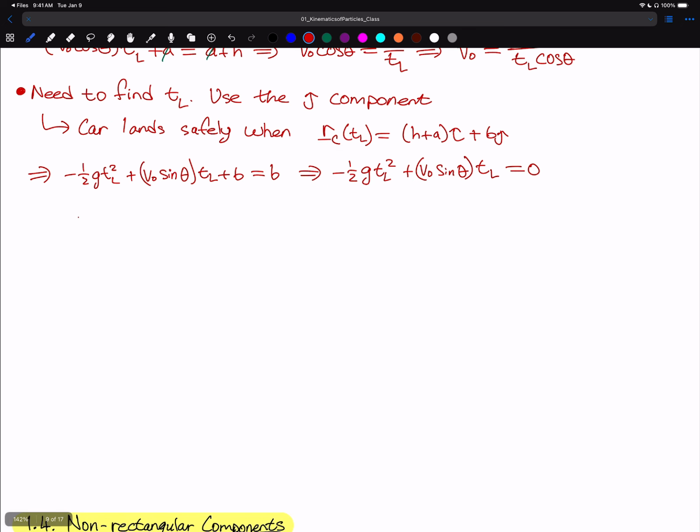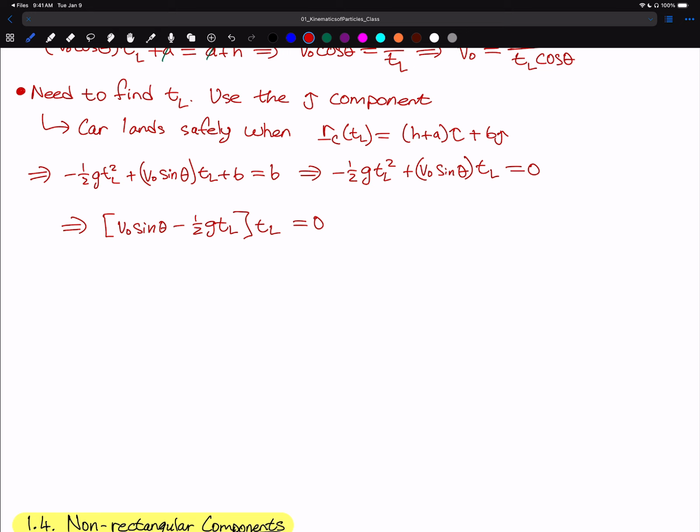From here, we can pull out a TL, and we'll get quantity v0 sine theta minus 1/2 g times TL, times TL, is equal to 0.